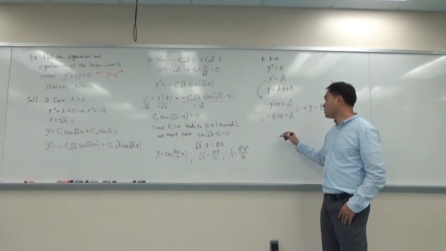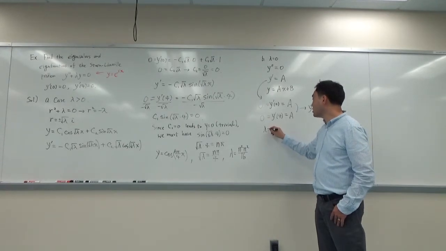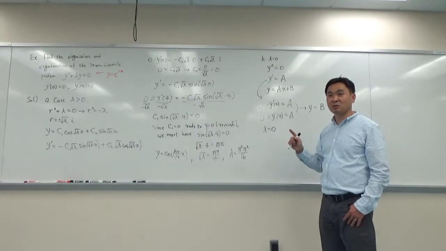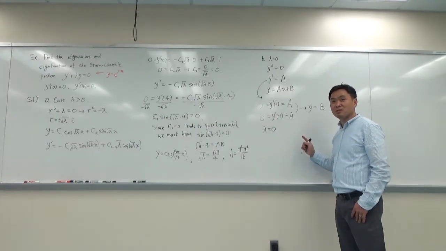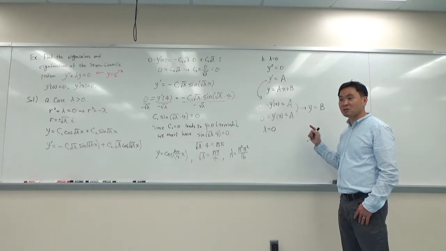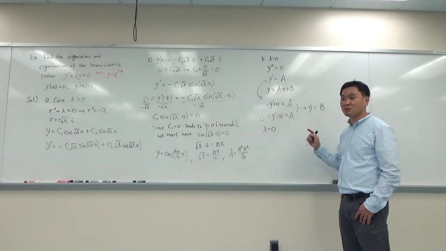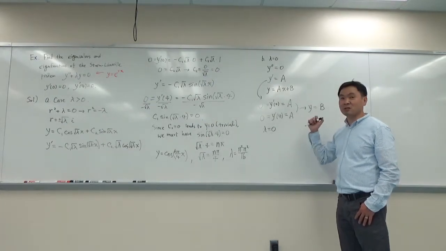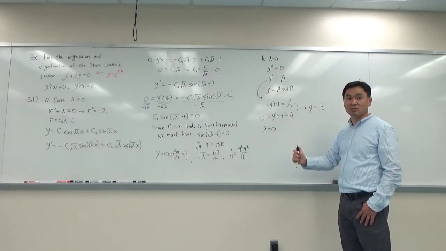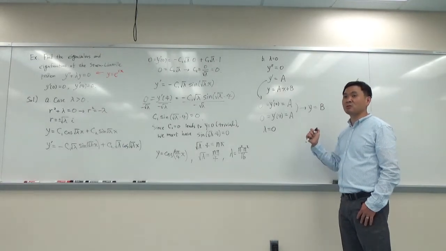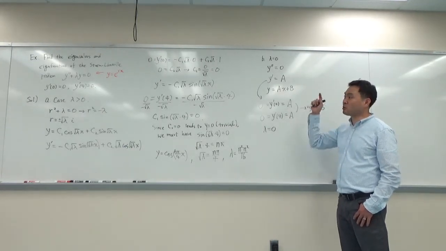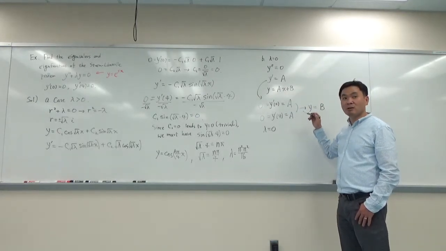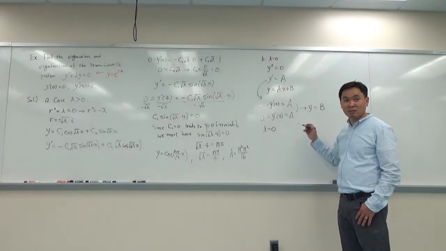Therefore, lambda equal to 0 is or is not an eigenvalue. Which one is it? 0 is an eigenvalue, or 0 is not an eigenvalue? When do you say a value is an eigenvalue? You call a number an eigenvalue for the system if you have a non-trivial solution, an eigenfunction.